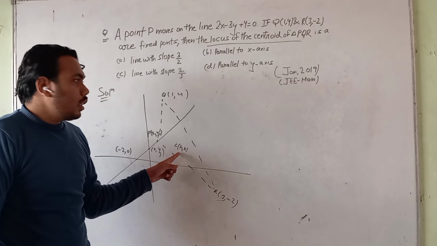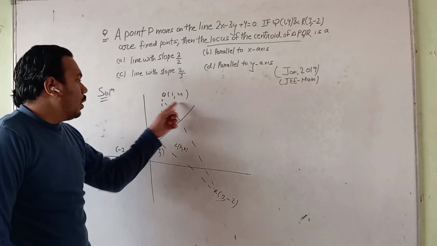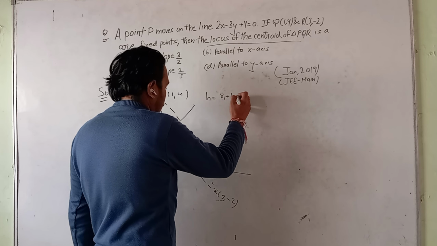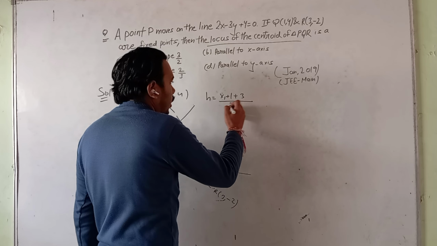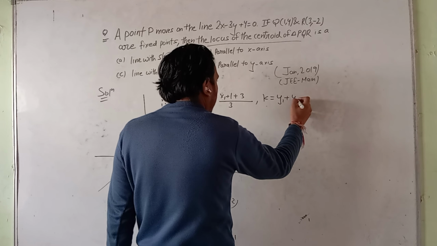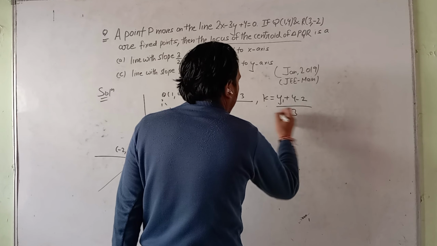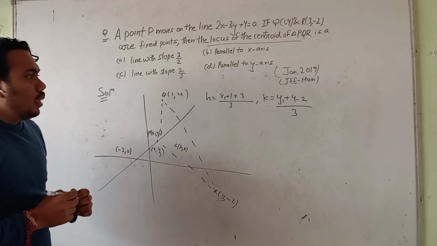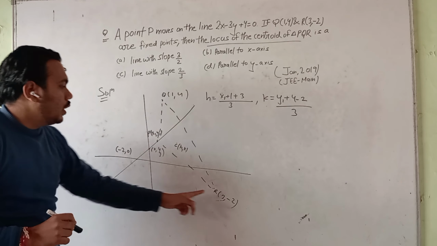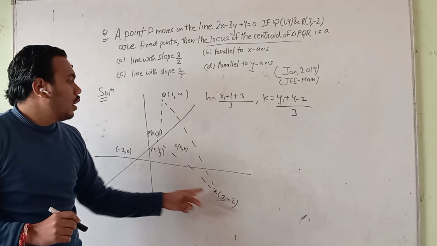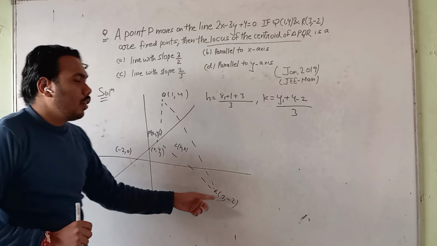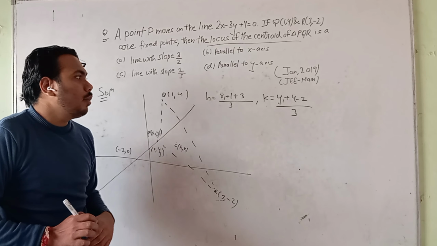To find the centroid of a triangle, knowing the 3 points, h would be (x1 plus 1 plus 3) upon 3 and k would be (y1 plus 4 minus 2) upon 3, because the x coordinate of the centroid is given by summing the x coordinates of the 3 points of the triangle and dividing by 3, and the y coordinate is given by adding the y coordinates of the 3 points and dividing by 3.